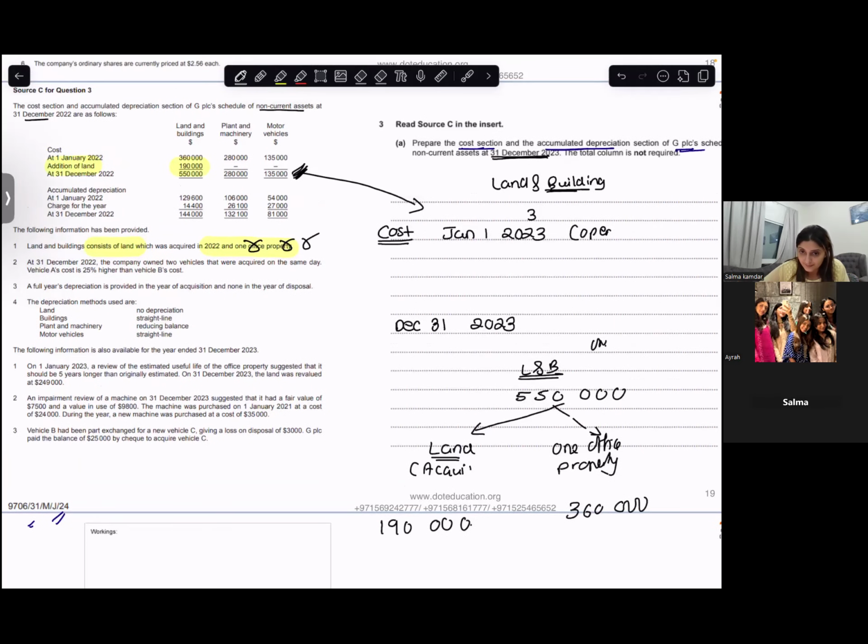In 2022, the company owned two vehicles that were acquired on the same day. Vehicle A's cost is 25% higher than vehicle B's cost.